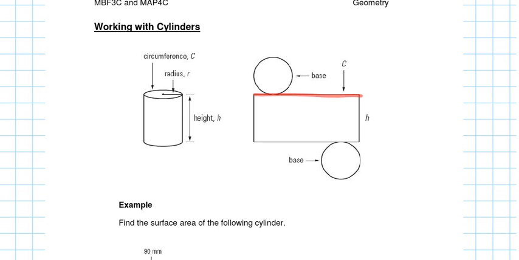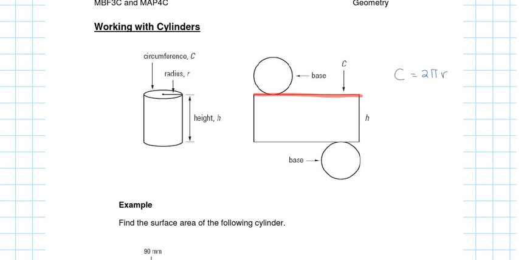If you look in your formula sheet, the circumference of a circle is 2 pi r. It's either pi d or 2 pi r. D is the diameter, but because we know the radius, we're going to use 2 pi r.